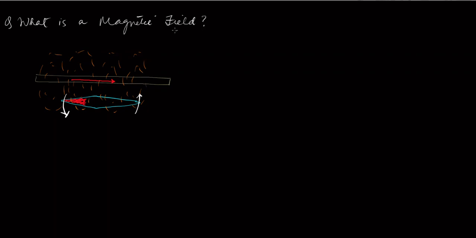Alright, so whenever we talk about the magnetic field or field in general, gravitational field, electric field, what did we say about the gravitational field? Suppose this is the Earth, and there is a region surrounding the Earth, isn't it? If you put any other body inside this field, then this body will fall onto the Earth. If the body is very far outside, then it will not fall onto the Earth.